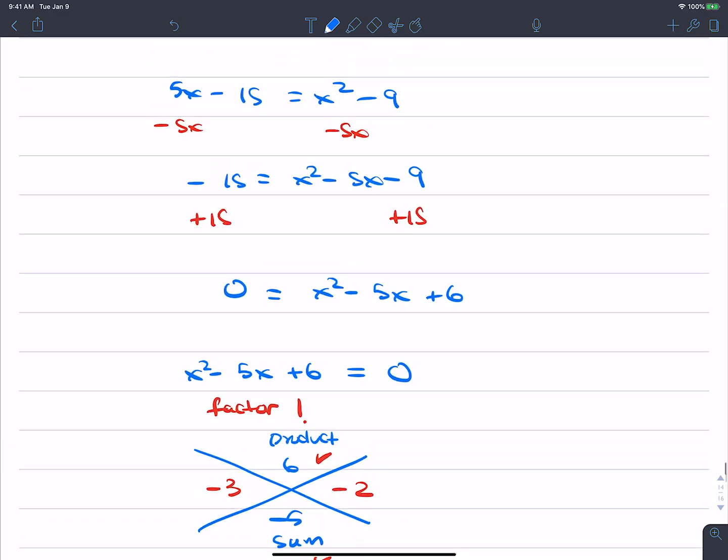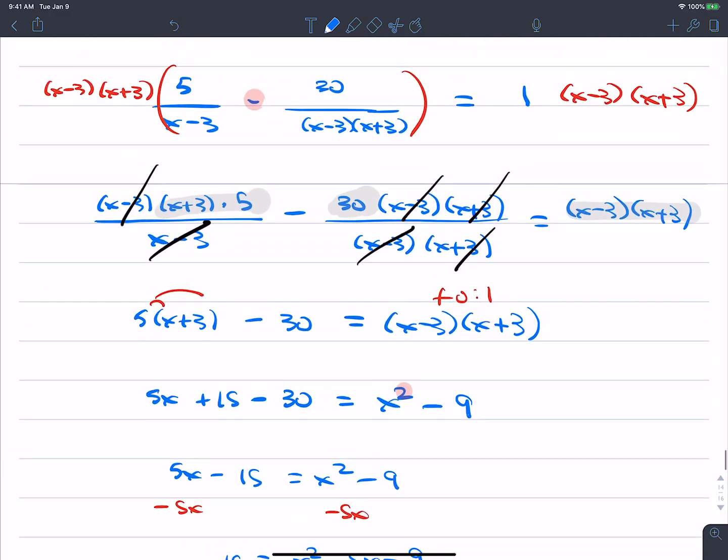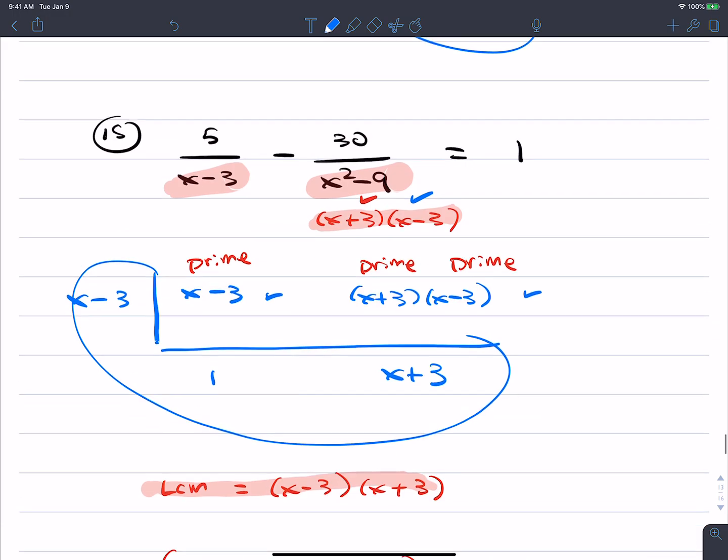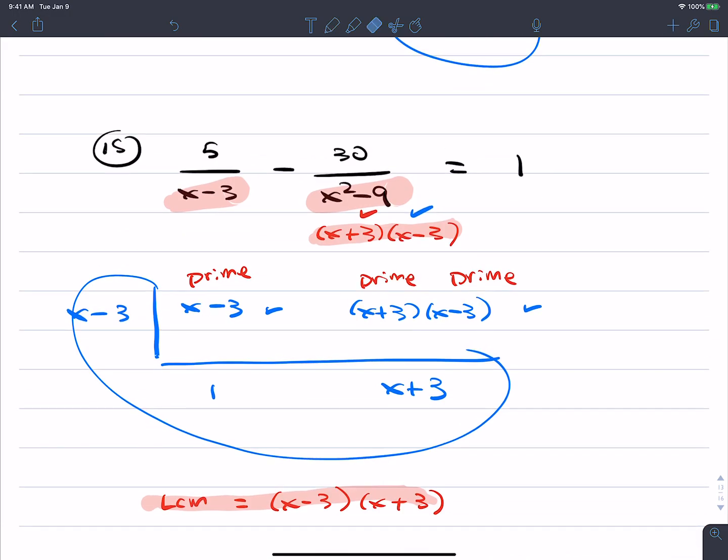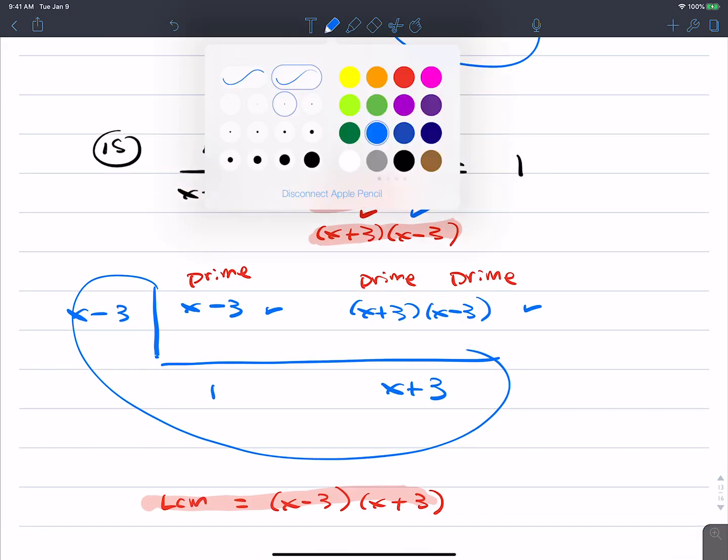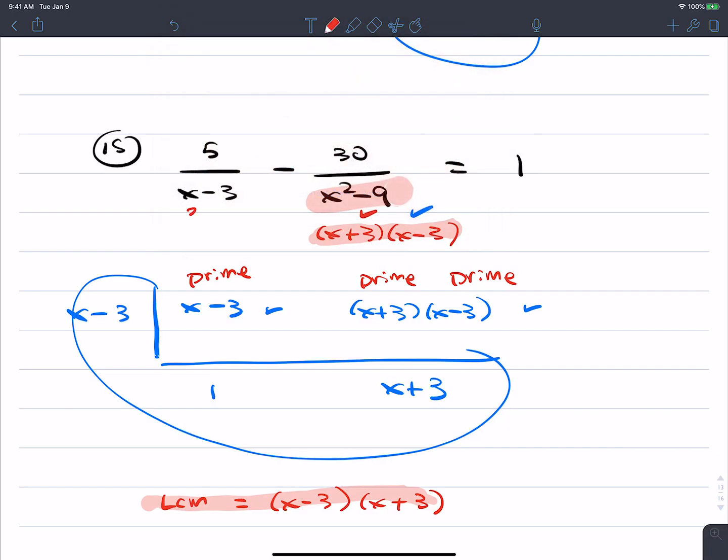Now, be careful here. Can x be positive 3 now? How do you guys know x can't be positive 3 here? See this? Yeah. If x is 3, you got 5 over 0. If it happens in only one fraction, you got to throw it out, because 5 over 0 is undefined.